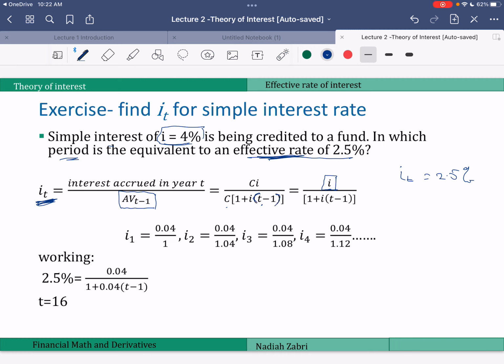Because we want to find the value at T minus 1. So it's times T minus 1, right?